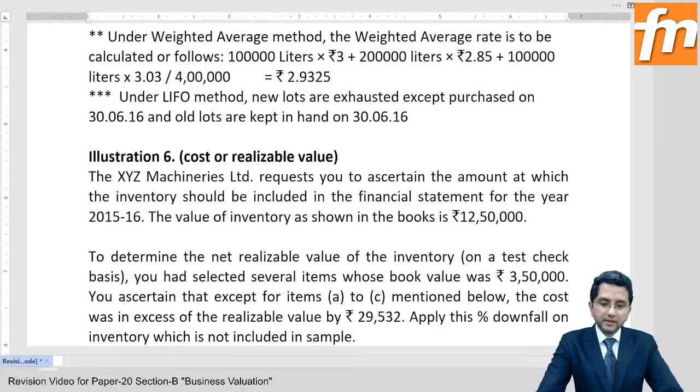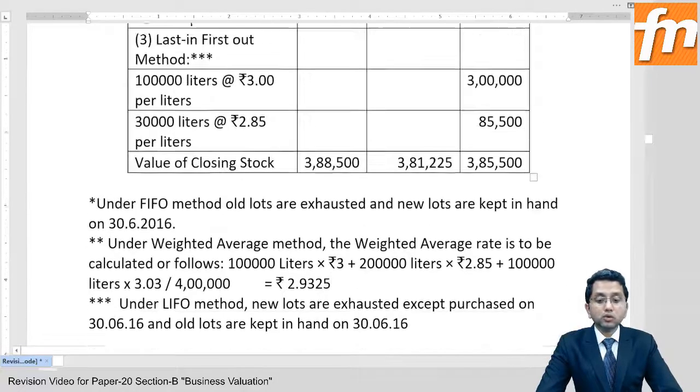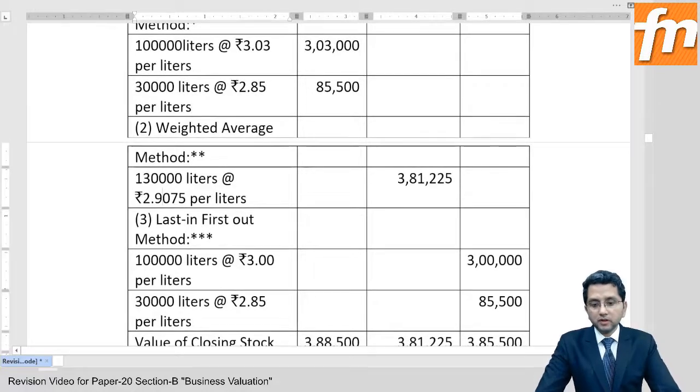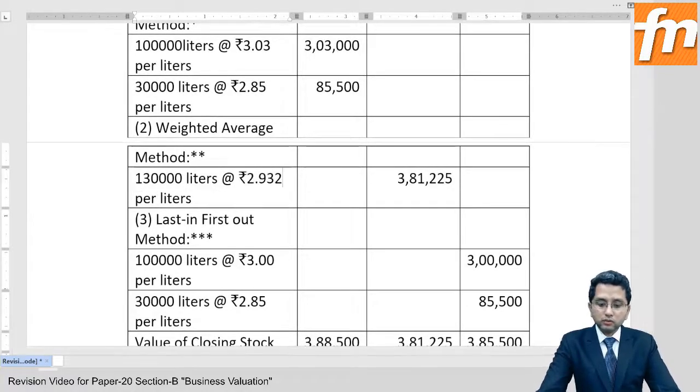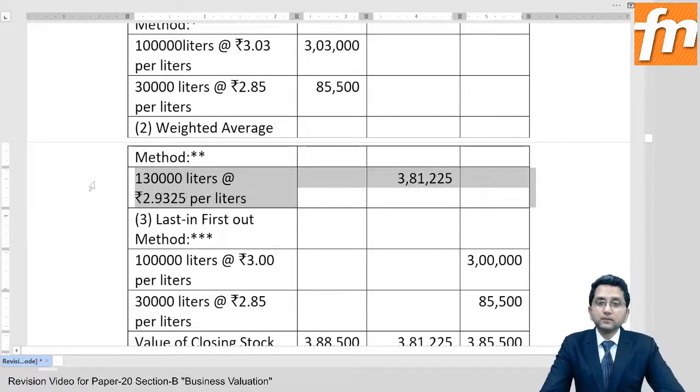2.9325. And now 1,30,000 units are in stock. So multiplied by 1,30,000, it is 381,225.